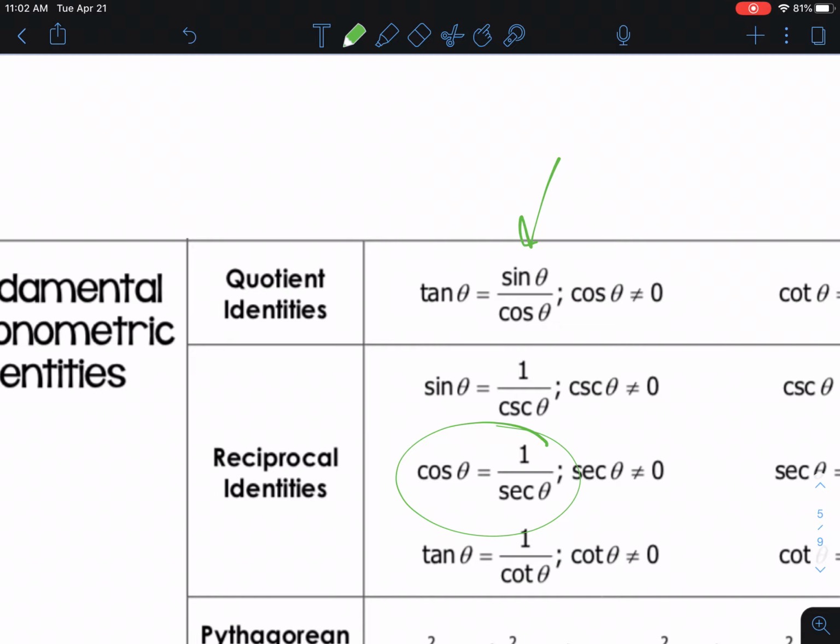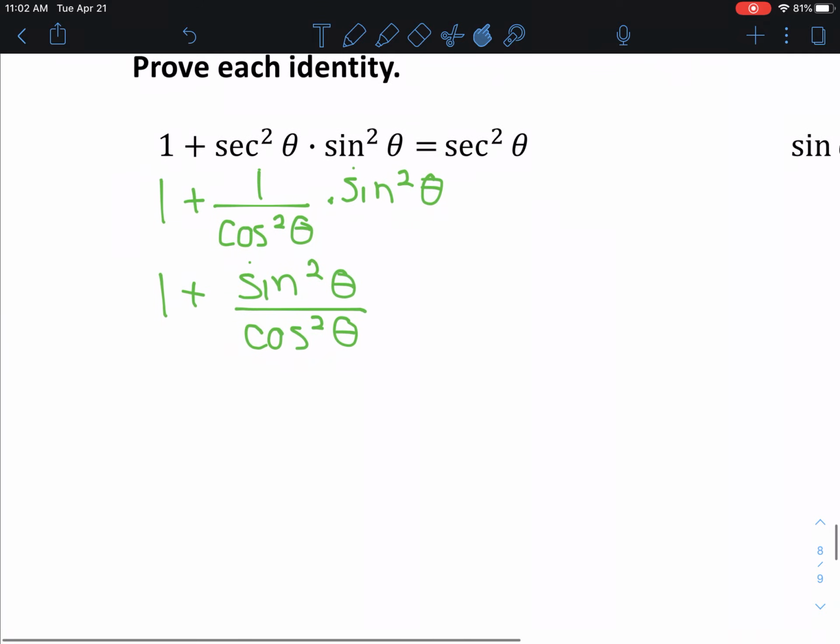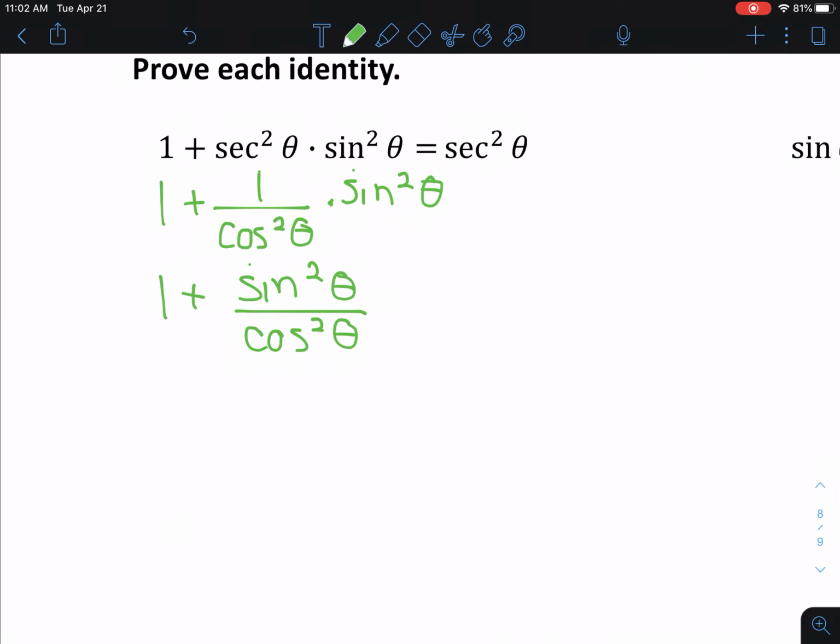Okay, so I'm going to use this property to help us out. So it's squared, so I'm going to have to rewrite this as 1 plus tangent squared, because both of these are squared. Okay, now this looks kind of familiar. This looks like a Pythagorean identity.